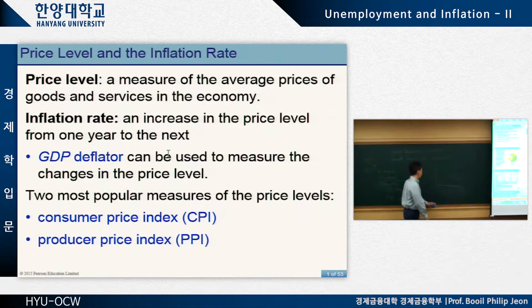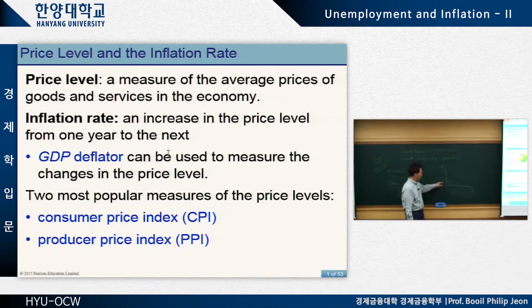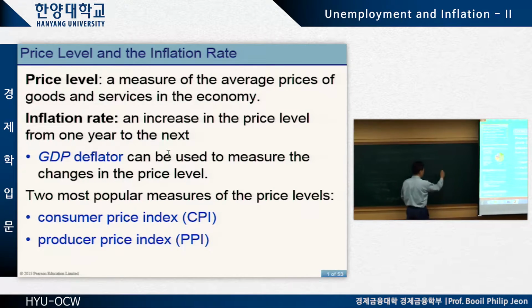All right. On the vertical axis, we use P, but this P is not a price for any single product. We're talking about the overall economy. So this P stands for the overall price level. And then we have demand and supply.